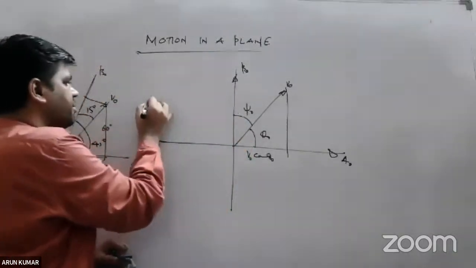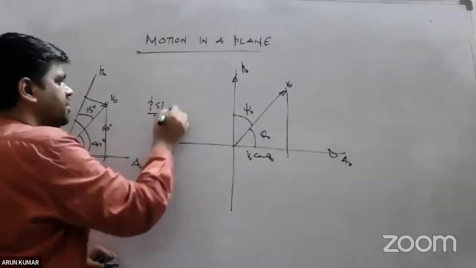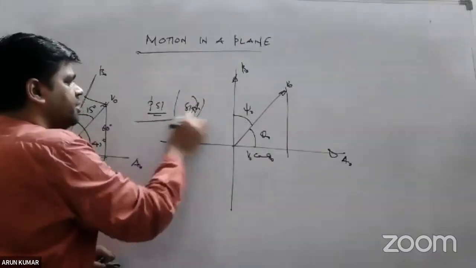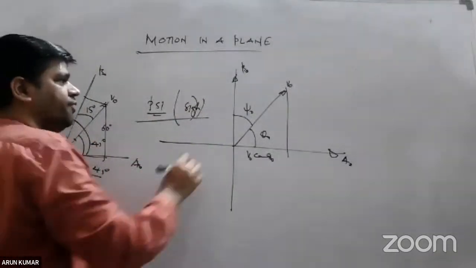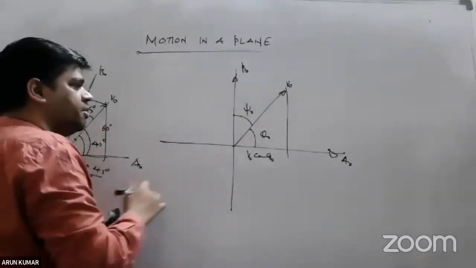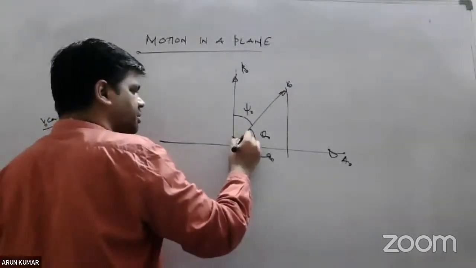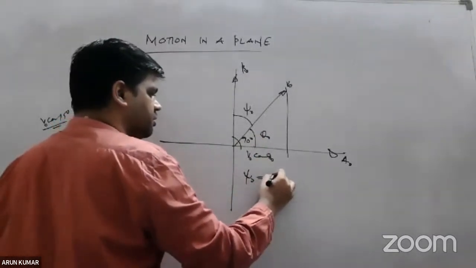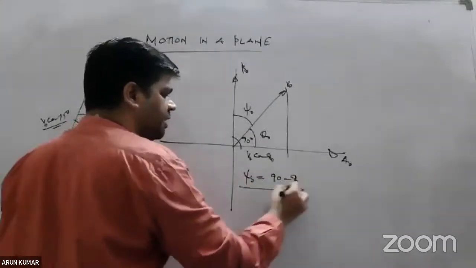Psi is read as psi. So cos psi, V naught cos psi. But I said these two lines are perpendicular. So what is psi? 90 minus theta.